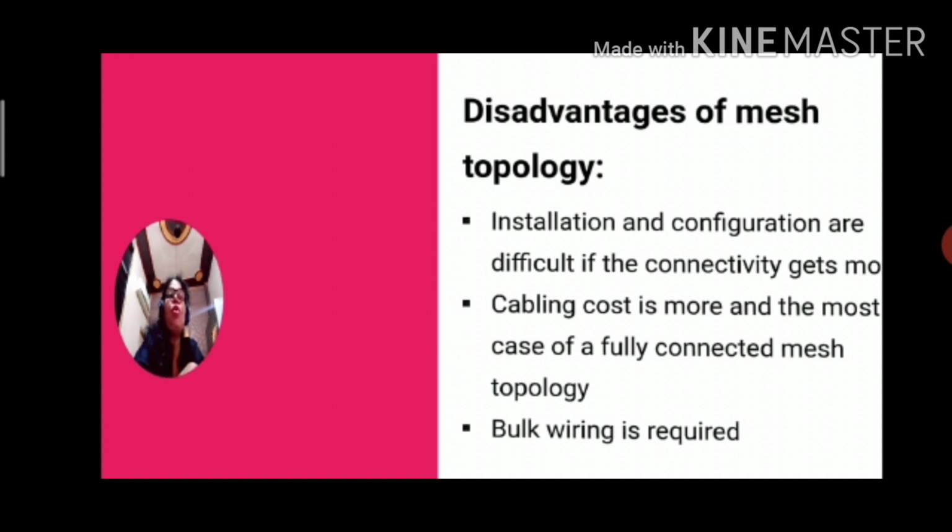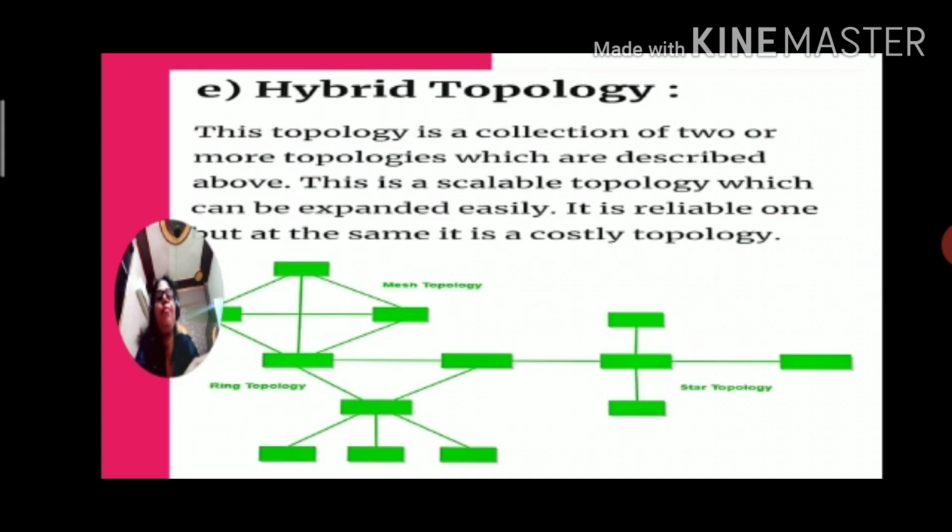Cabling cost is more, because as I told you before, in this topology all the computers are interconnected, so a lot of cable is required. That's why it gets expensive. Bulk wiring is required. Bulk wiring means a lot of wiring is required.